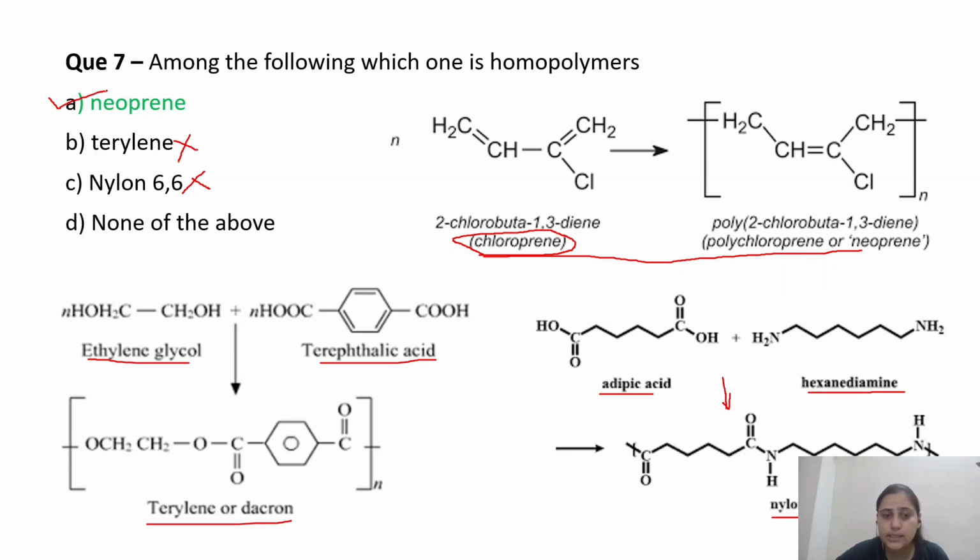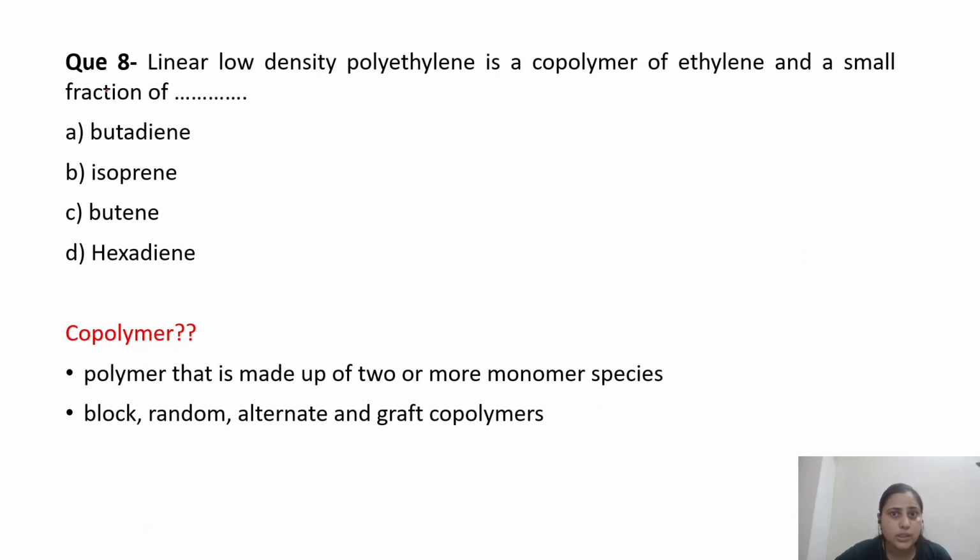Now let's discuss question number 8, which is about linear low density polyethylene, LLDPE. It says that LLDPE is a copolymer formed from more than one monomeric unit, out of which one is ethylene, and it asks for the other.